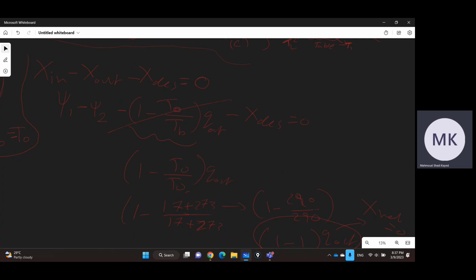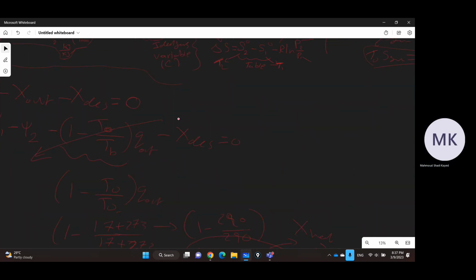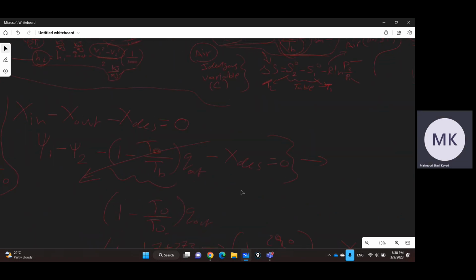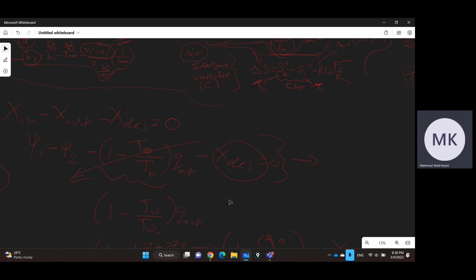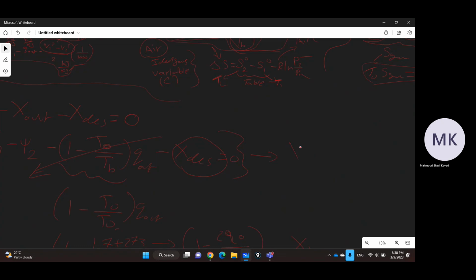So we can just remove this term from the beginning. And now we will find the Exergy destroyed directly from this equation, which will be psi1 minus psi2.